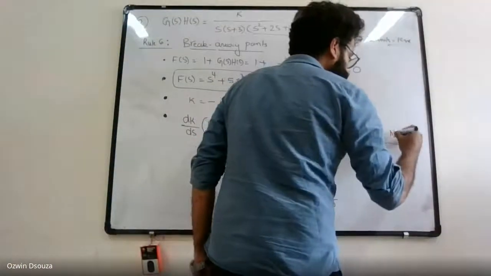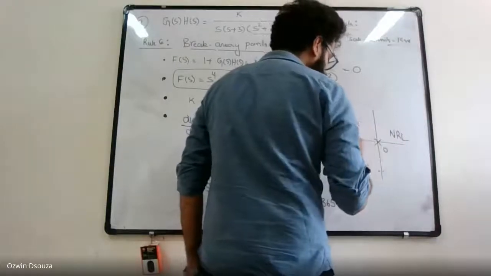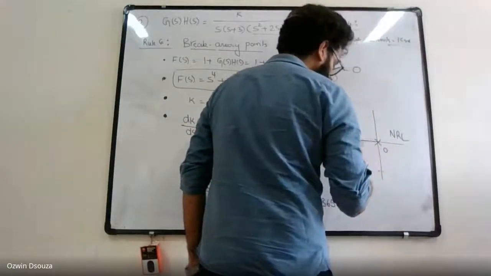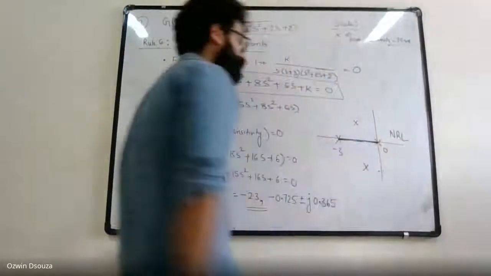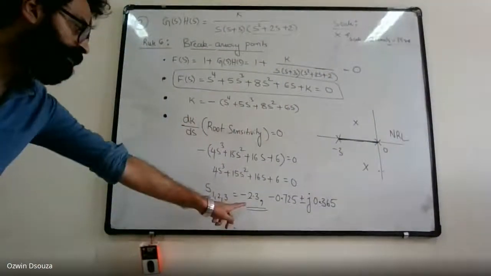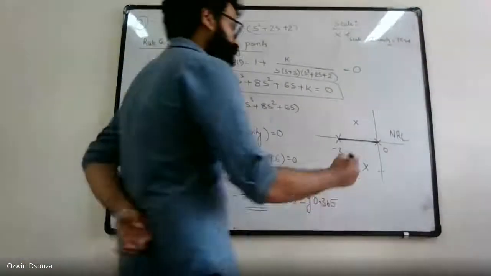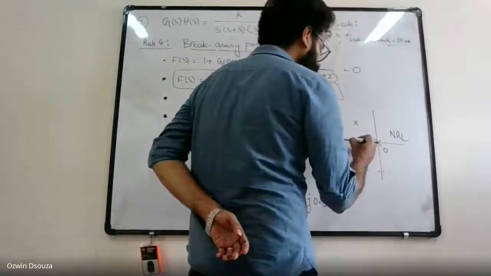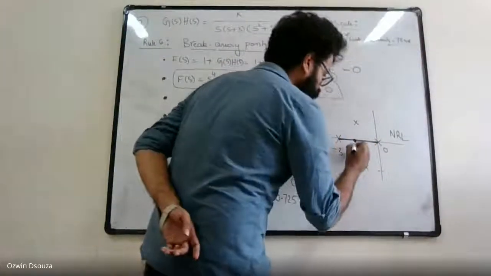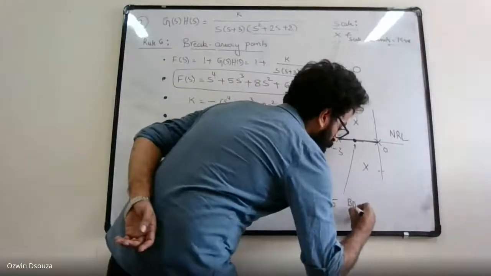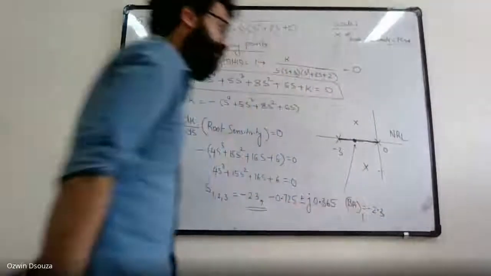So this is your NRL, and between 0 and minus 3 you have the RL section. Minus 2.3 is somewhere here. Let me call this breakaway point 1, equal to minus 2.3, which is a real root.